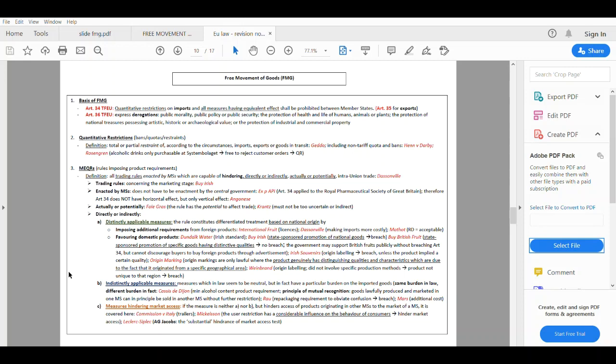We can consider this market access test by referring to some cases like Hünermund, Leclerc-Siplec. In the Hünermund case, it was held that a ban on advertisement of products in pharmacies amounted to a selling arrangement and fell outside the scope of Article 34.